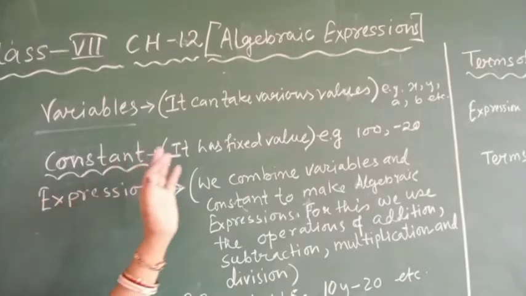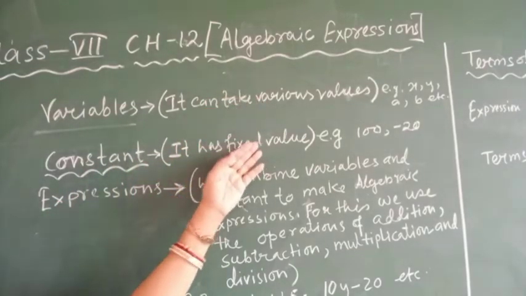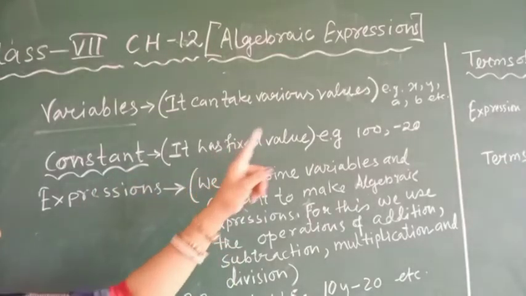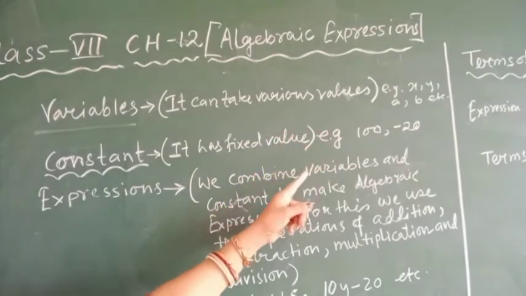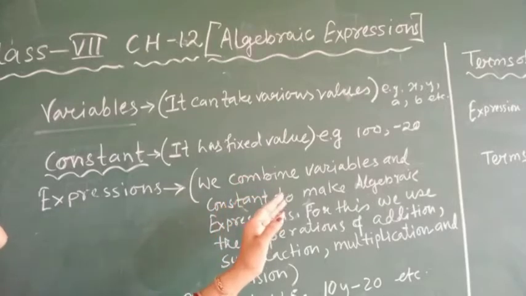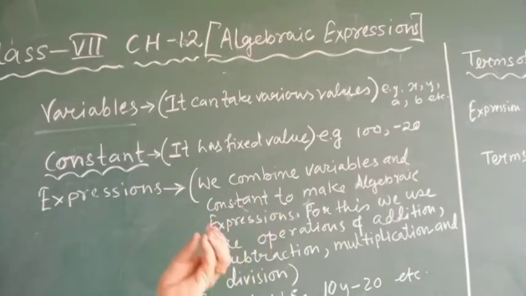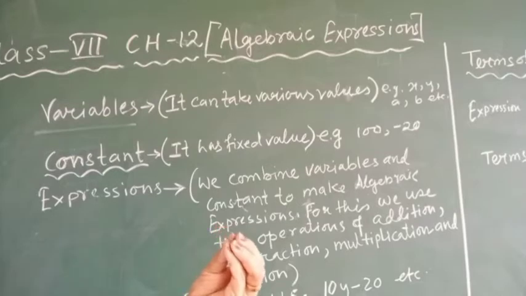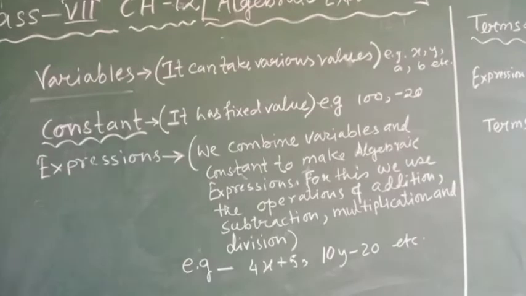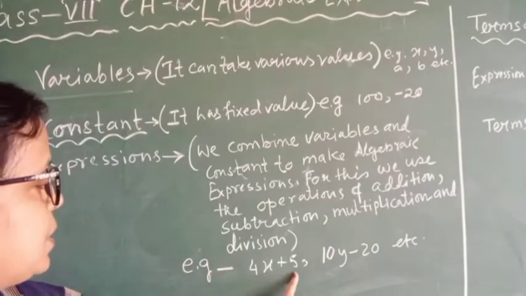Now, using these variables and constants, how do we write an expression? We have to combine variables and constants to write one expression. And when writing an expression, we have to use mathematical operations such as addition, subtraction, multiplication, division. An example of an expression is 4x plus 5.